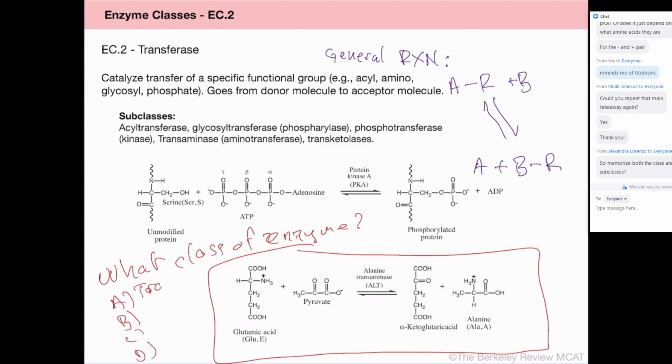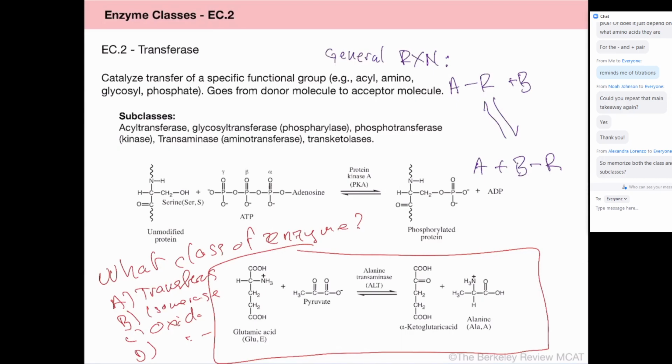Transferase, isomerase, oxidoreductase, and so on and so forth. You have to literally pick it out of the hat. There are too many subclasses.